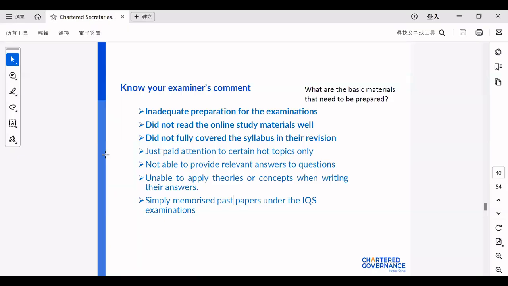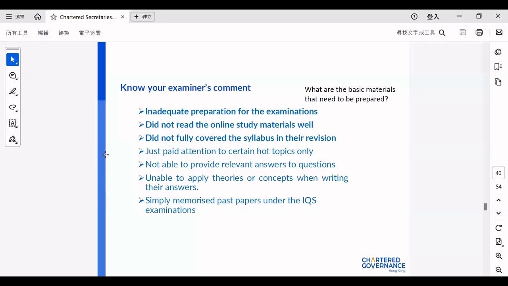So we will go through some of the questions and some of the marking scheme with you, so that you can see what is required. Actually, in the marking scheme, they just provide something very general. In some of them, it's not a very detailed marking scheme. They just give you a very general outline. You should not think that that is all you need to write.